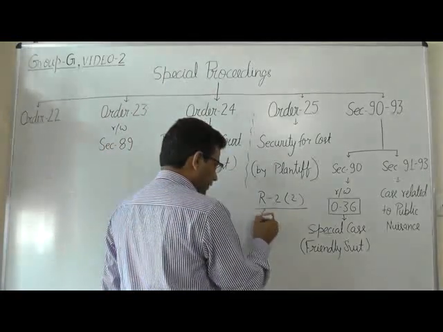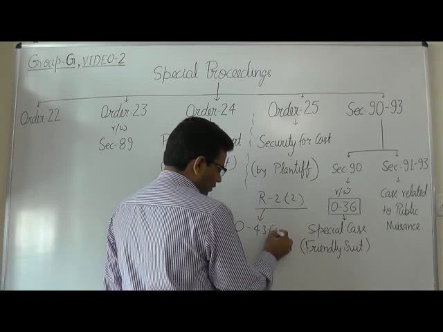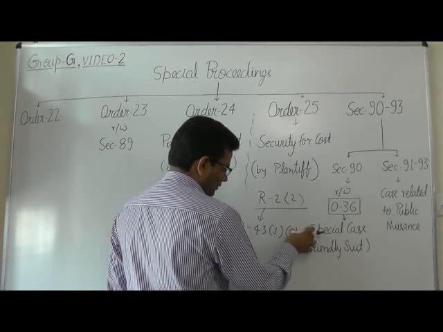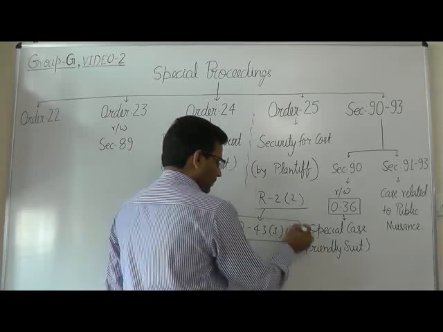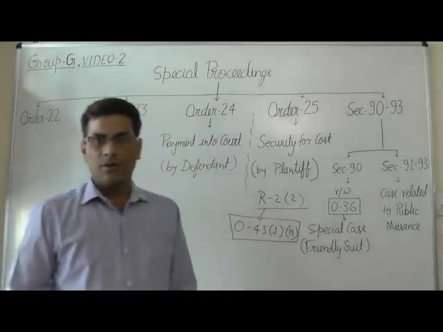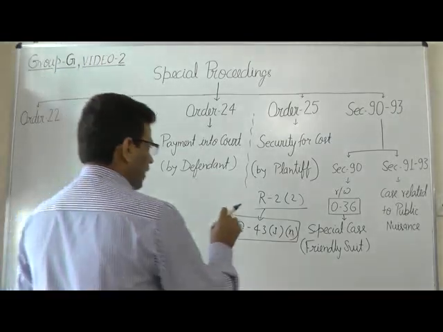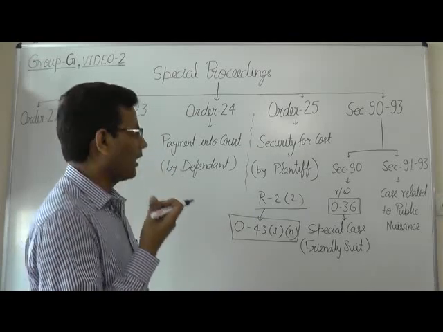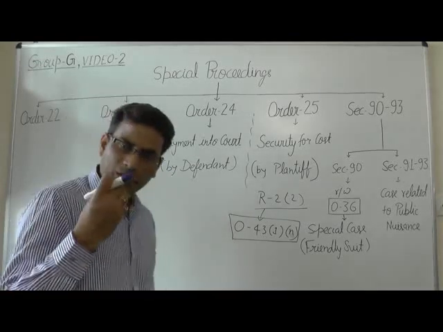So you should read order 43 rule 1 sub-clause N. The plaintiff may go in appeal. The rejection order of the application for setting aside the dismissal of the suit under order 25 is an appealable order.